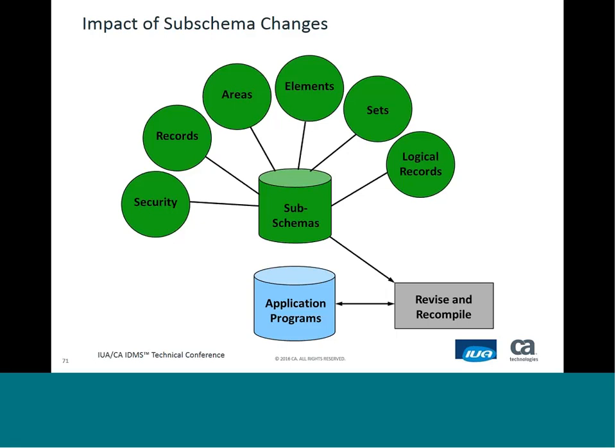So within that subschema, you have the records, areas, elements, and sets that are going to be available to an application program. So when you make those changes to the schema, you must deal with the subschema or regenerate the subschema so that those changes are reflected in the subschema.